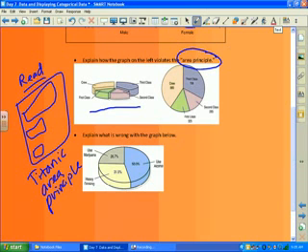This graph on the left is very pretty, but it violates the area principle, which states that you want your areas to represent the appropriate value and relative frequency of your amount that's happening.